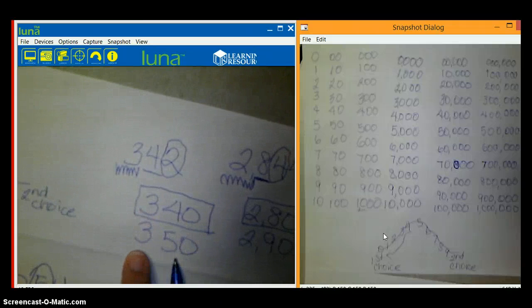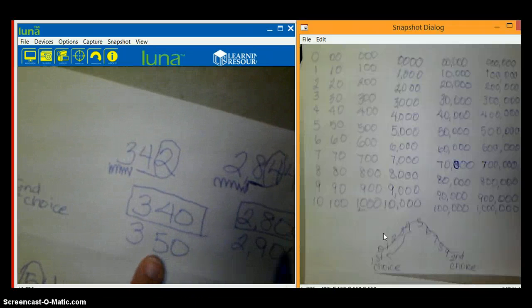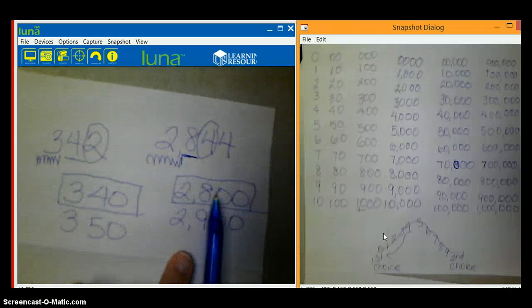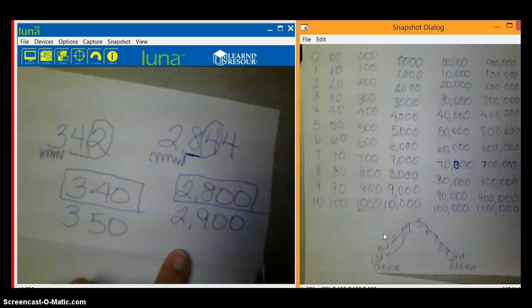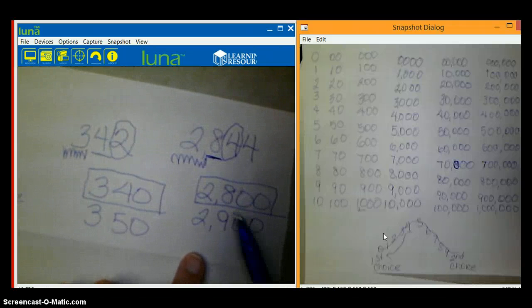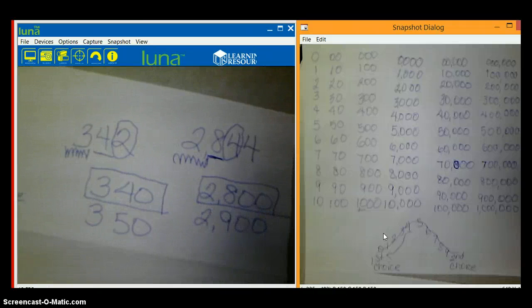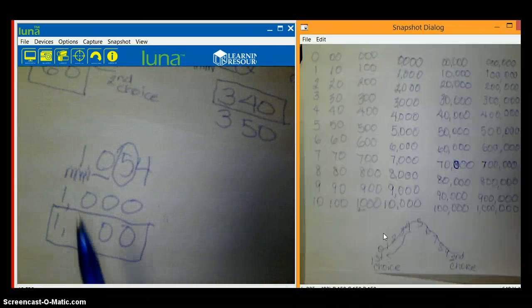Even though it has numbers in the hundreds, it still ends in a 10. And here's my 50. Here's my hundreds. So when I round to the hundreds, I should see one of my hundreds at the end of my answer so that I know that I put it down right. You don't want to say 2840 because I'm not rounding to the nearest 10, I'm rounding to the nearest 100.